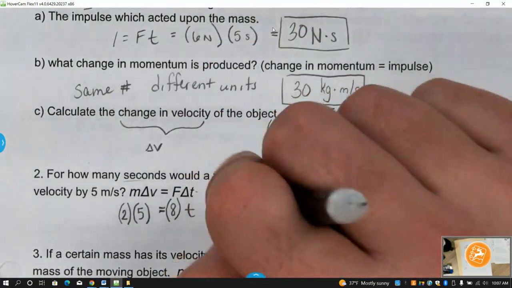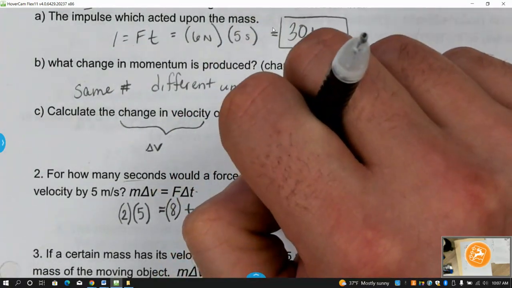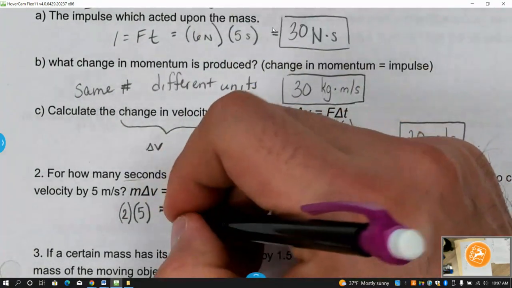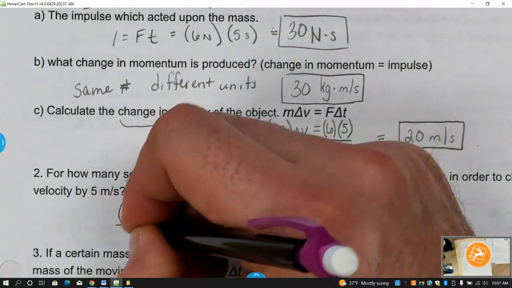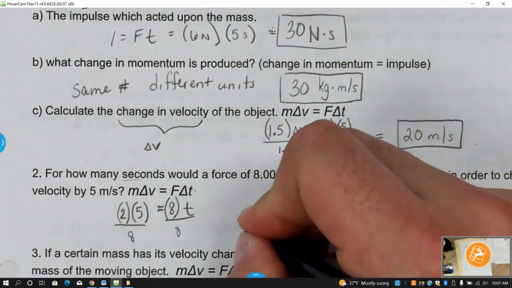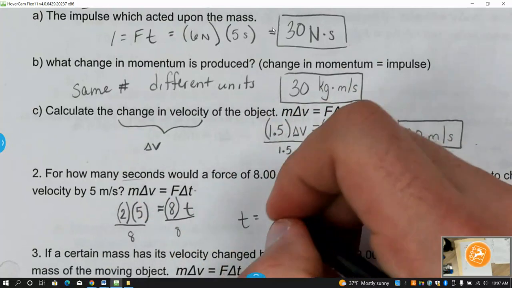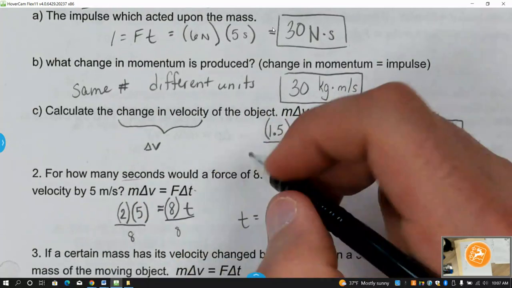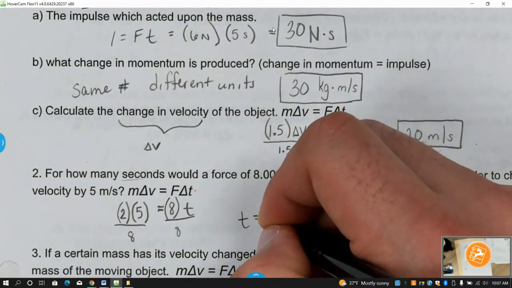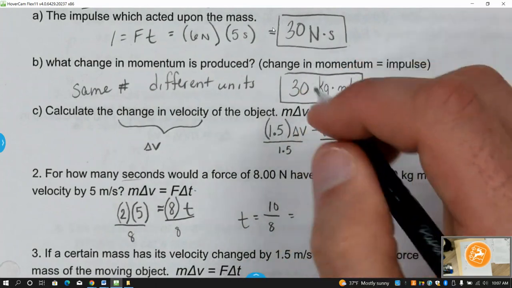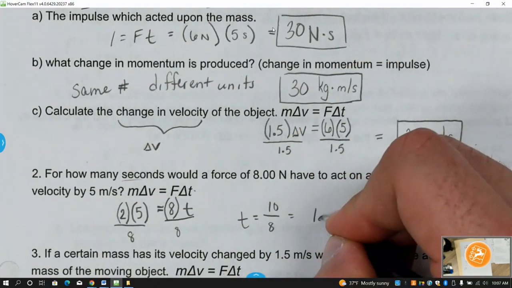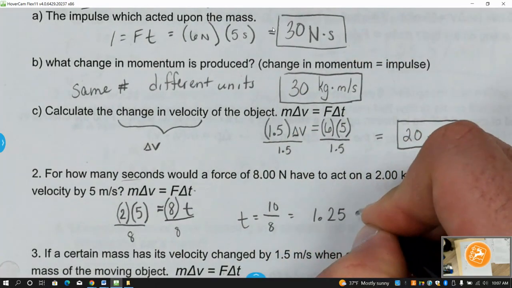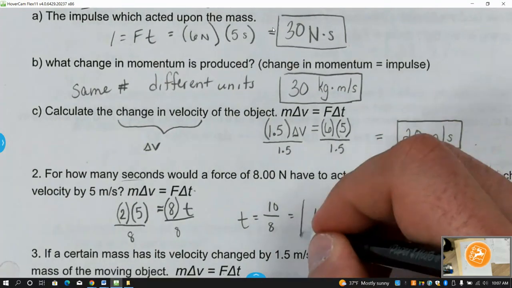So guys, if I wanted T by itself, I've got to divide both sides by what? 8. So 2 times 5 is 10, and then divide that by 8, comes out to be 1.25 seconds.